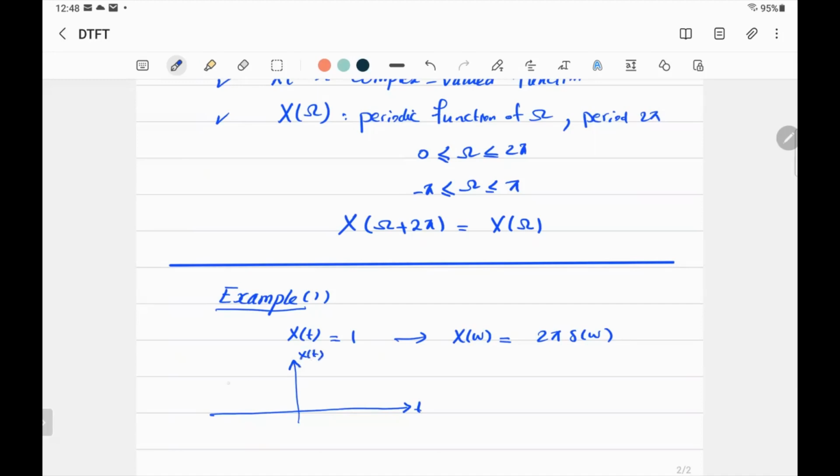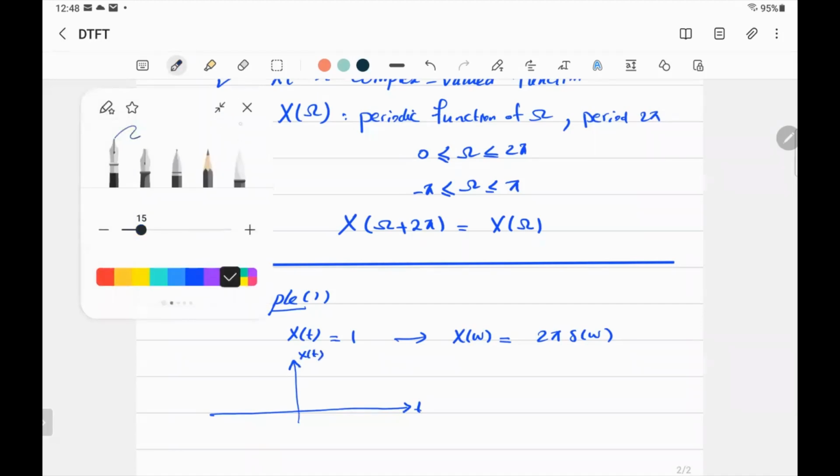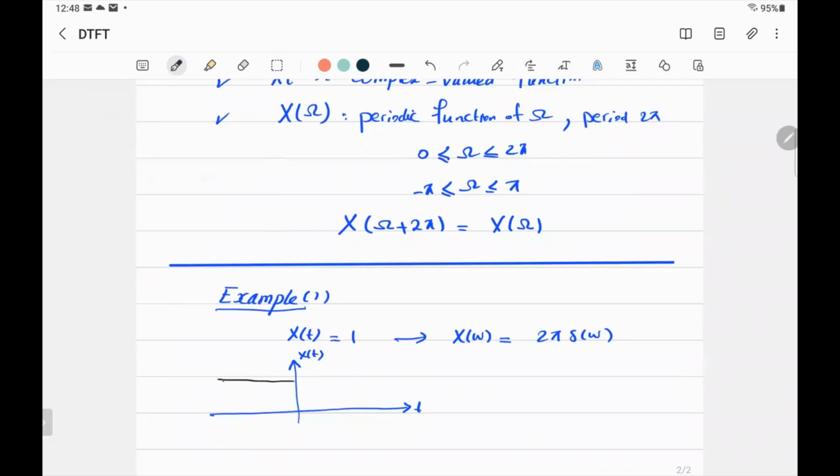It will be just a straight horizontal line at 1. That's how you sketch the signal.